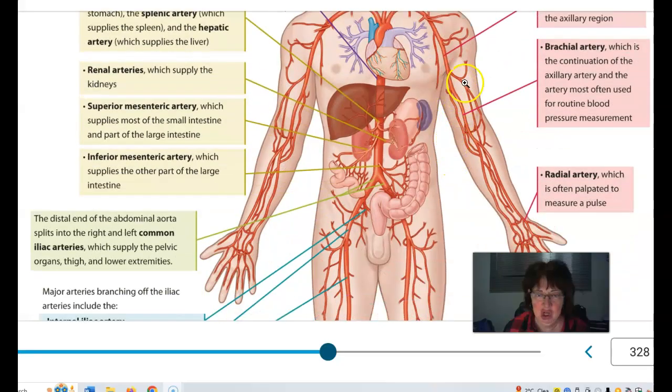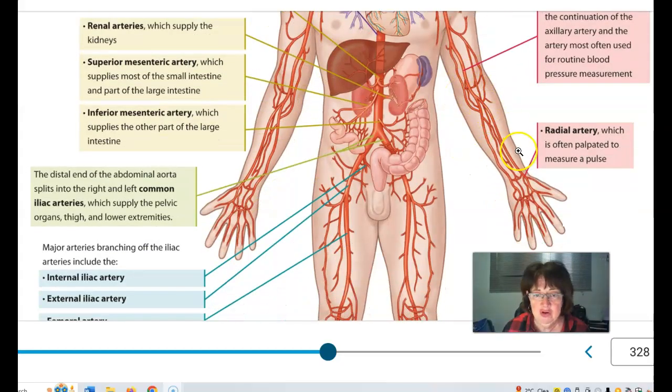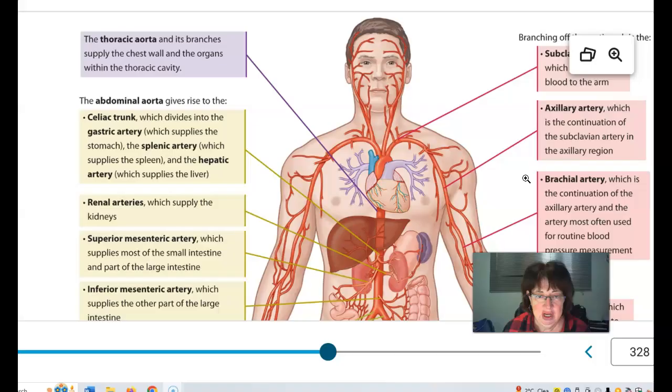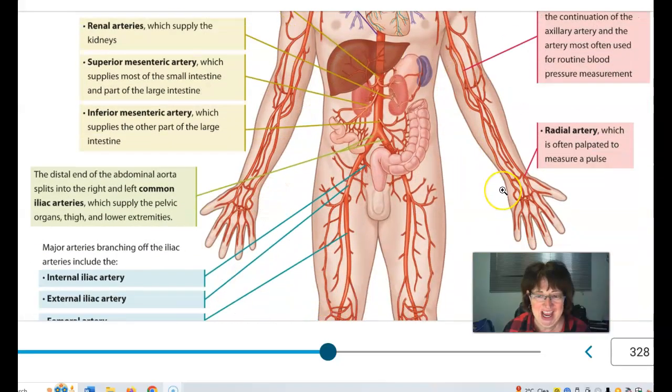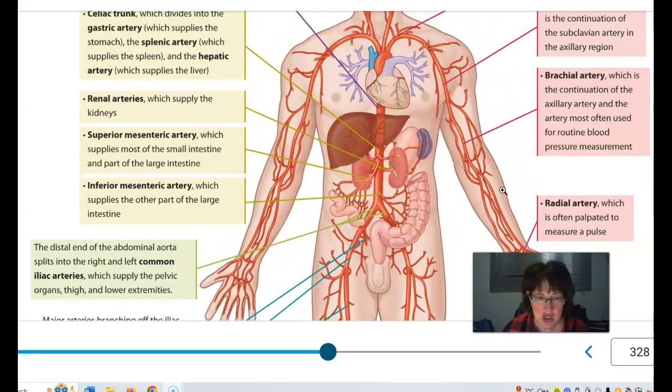The part that goes onto the top part of the arm, brachial artery. And this is the brachial artery. This is where you take a blood pressure. Then over the radius, which is the top bone here, that is the radial artery. So subclavian, axillary, brachial, and radial artery.